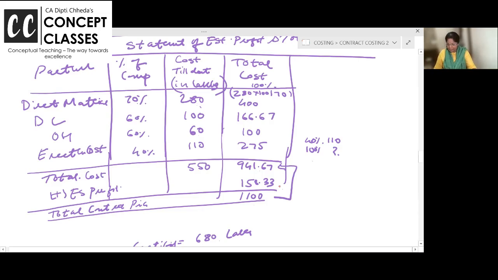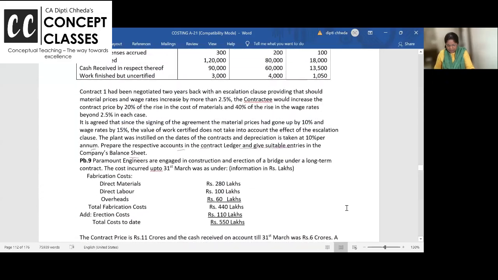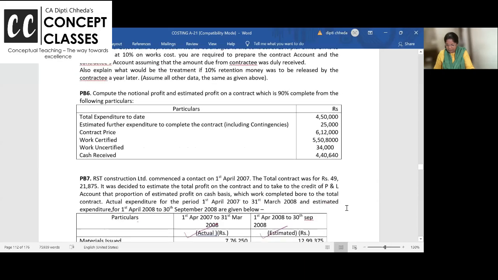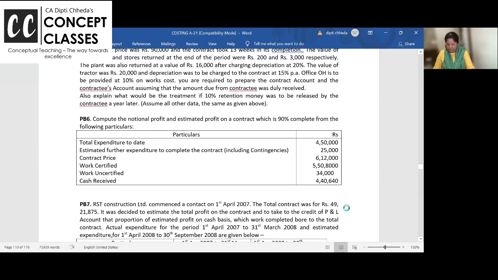One question I gave as homework, and that was the 6th question. 6th question, I put a message for it. Calculate the notional profit, and exactly same to 11th question, and this is like super scoring, asked for 5 marks.